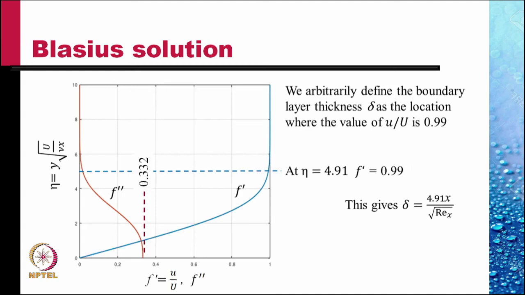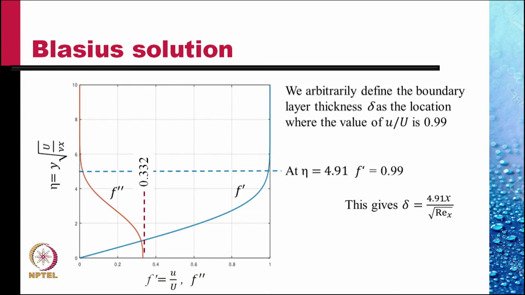Another thing to note is the value of f double prime, which starts with the value of 0.332 at the wall. Remember, we said f double prime is related to del u by del y.